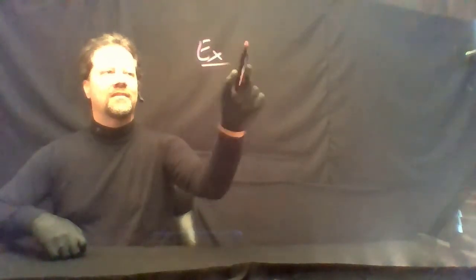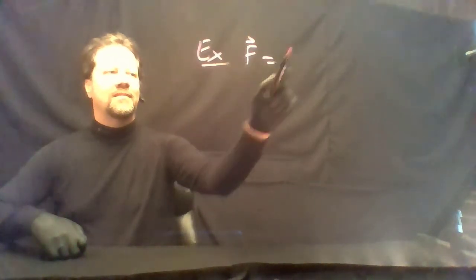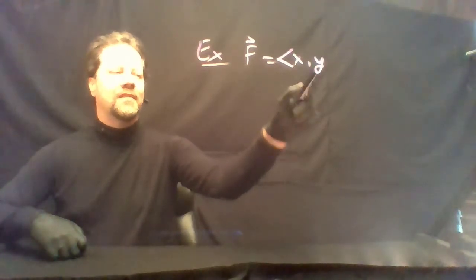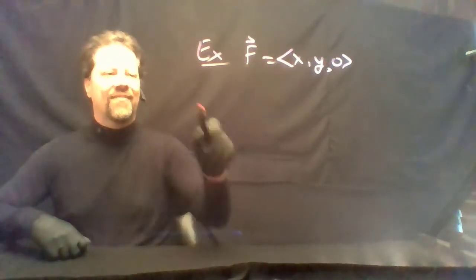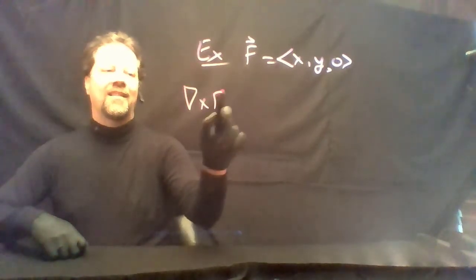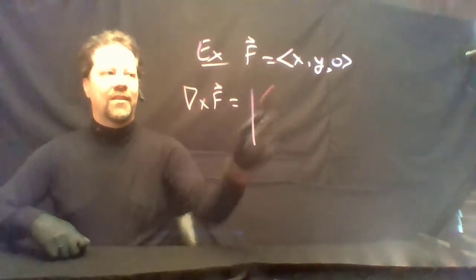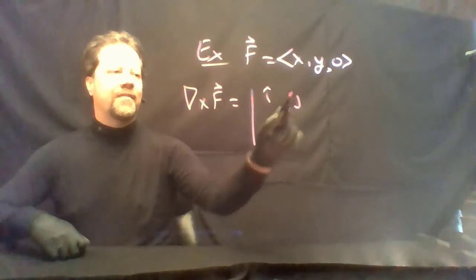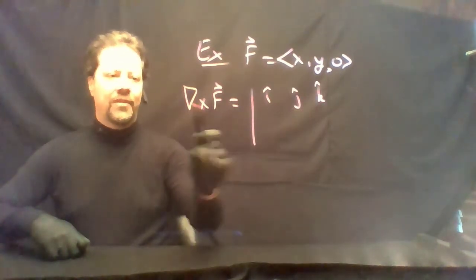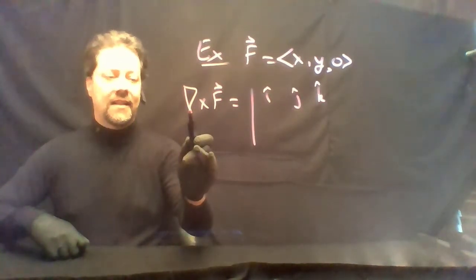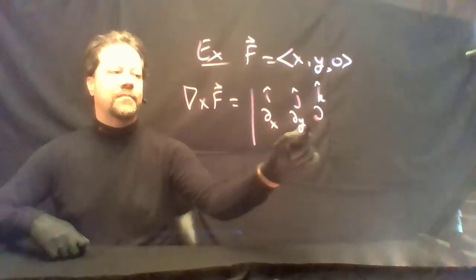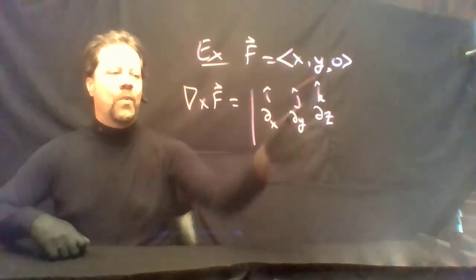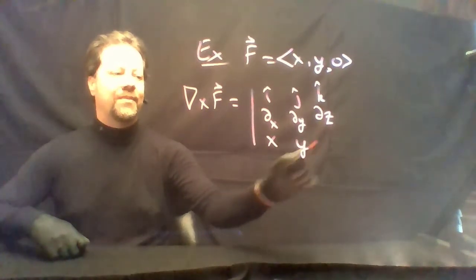Let's look at our prototypes. We can extend these by putting a 0 in the last coordinate. For the curl of the first prototype, you put the coordinates of the del operator in the second row, and then the coordinates of the vector field in the last row.